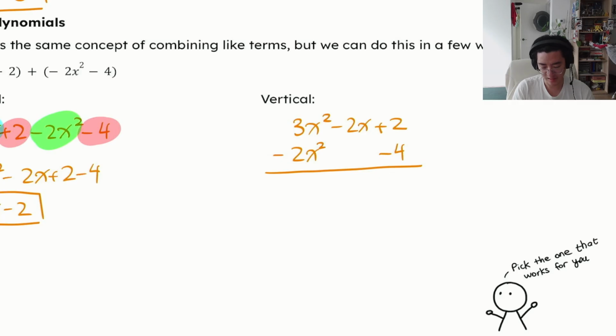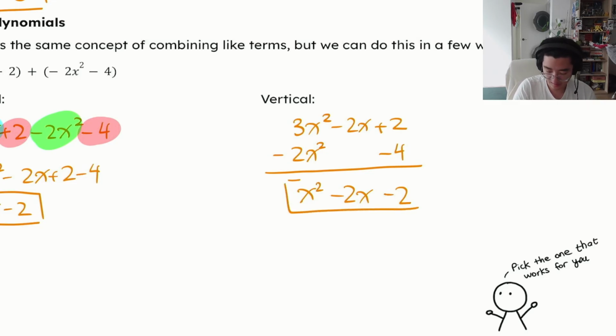I guess in this case, always long addition. So we got 2 plus a negative 4, which is 2 minus 4, negative 2. Negative 2x, bring it down, because think of it, this is just 0. Nothing here. 3 minus the 2 is 1, so it's x squared. So both methods will work, depending on which one is easier for you.